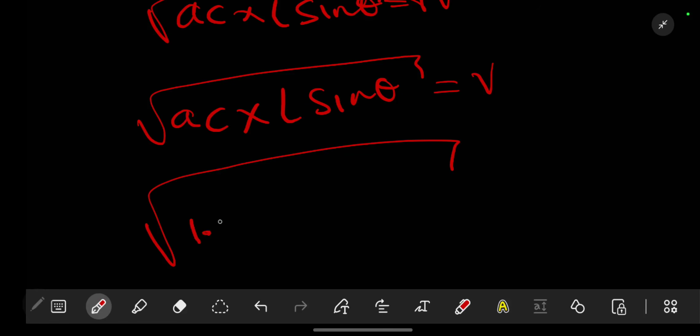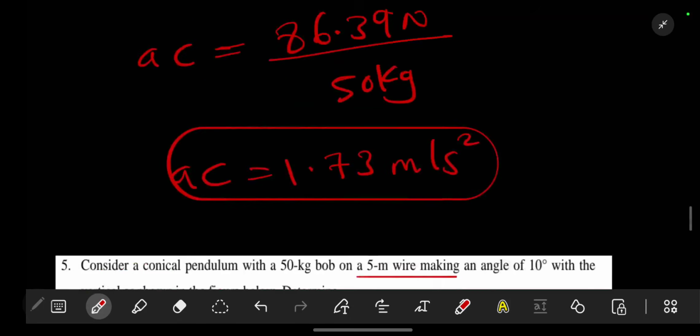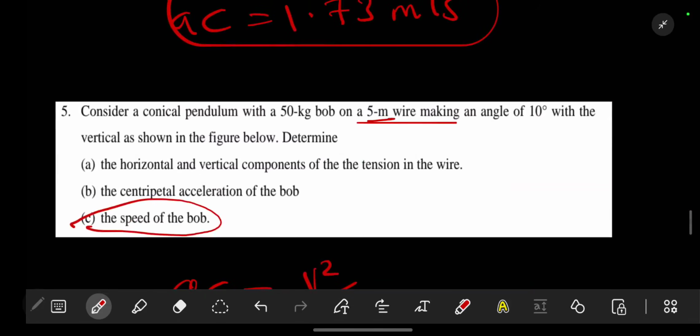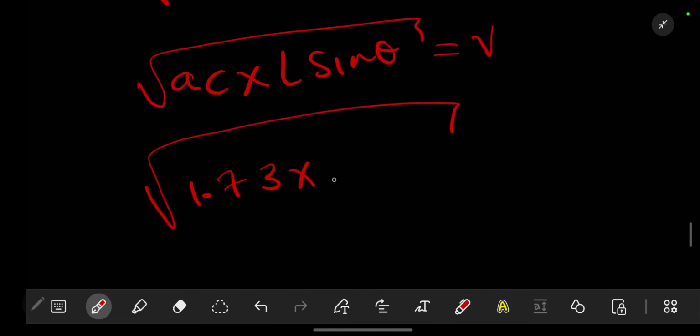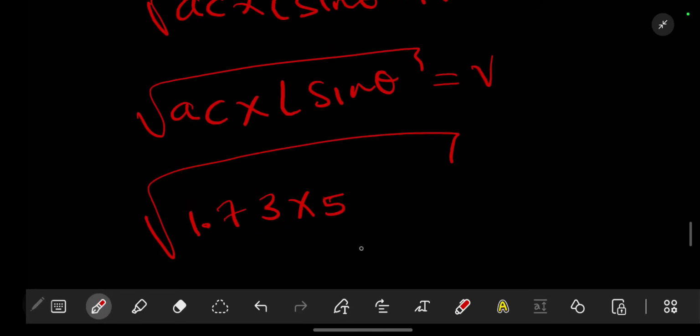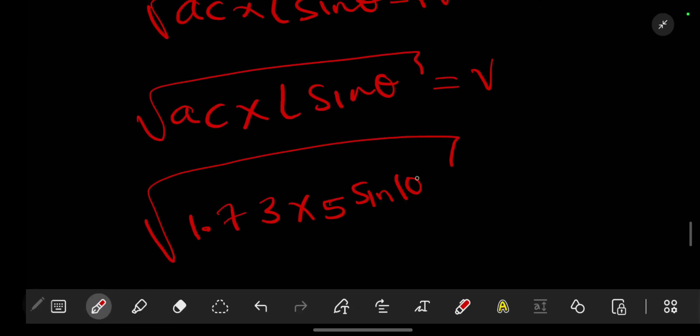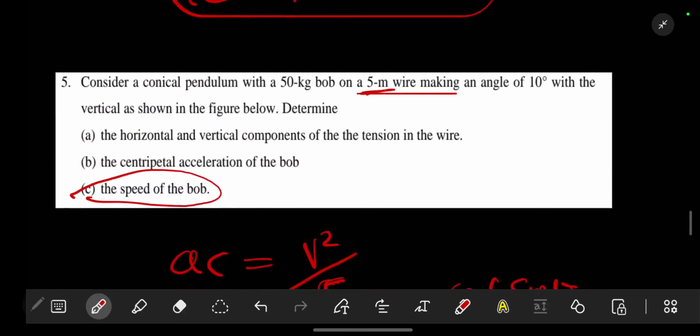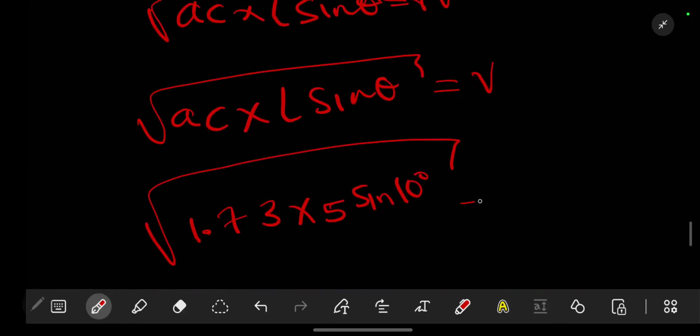AC is found to be 1.73 times what's our length. The length is given as 5 meters, so the length has to be in meters. Sine of the angle, the angle is 10 degrees, should be equal to v. So we press 1.73 times 5 sine of 10 degrees.